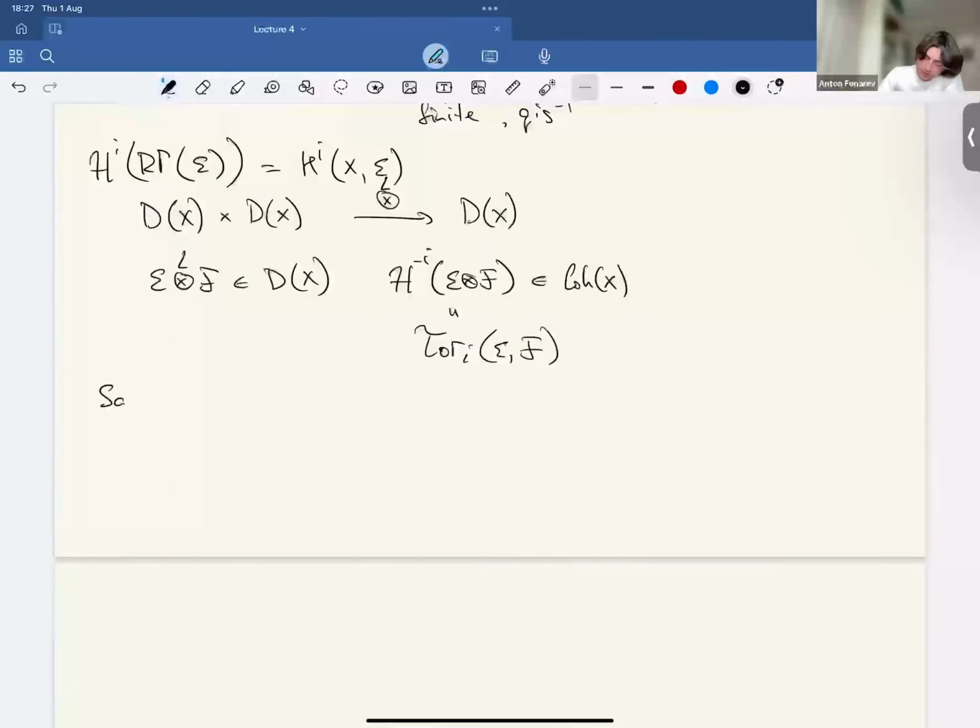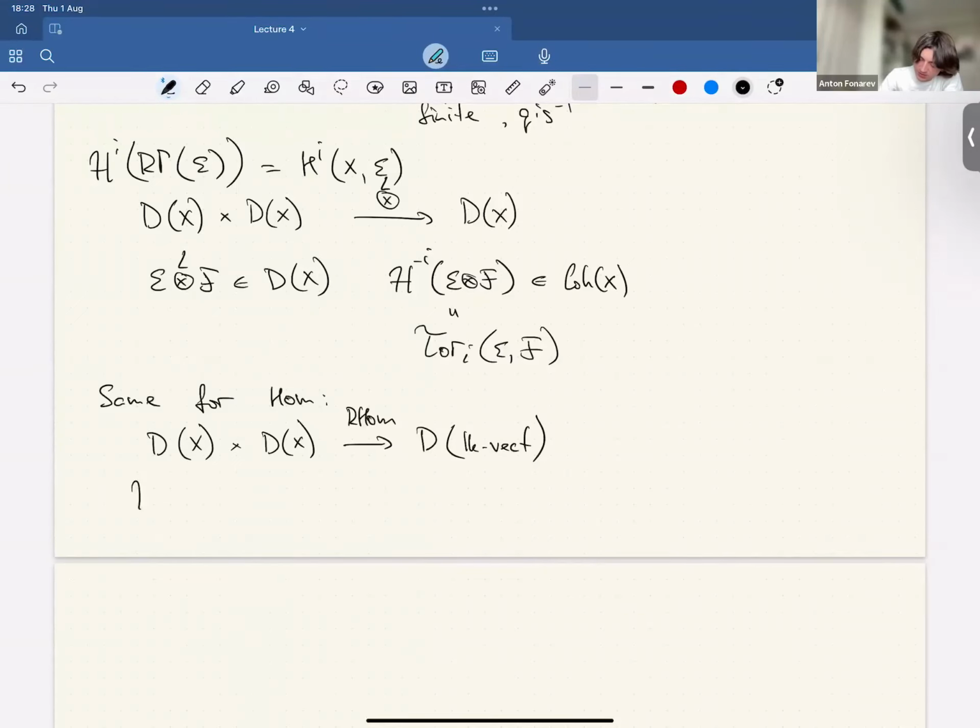Same for Hom. You get a functor from D(X) times D(X), which goes to D of, say, K vector spaces, which is called RHom.